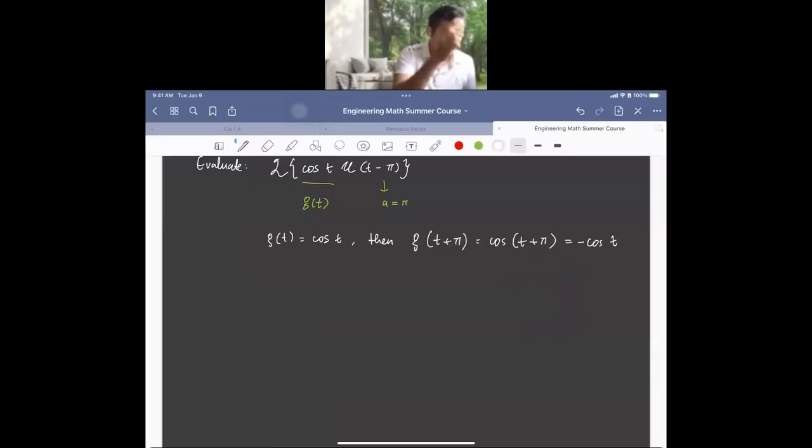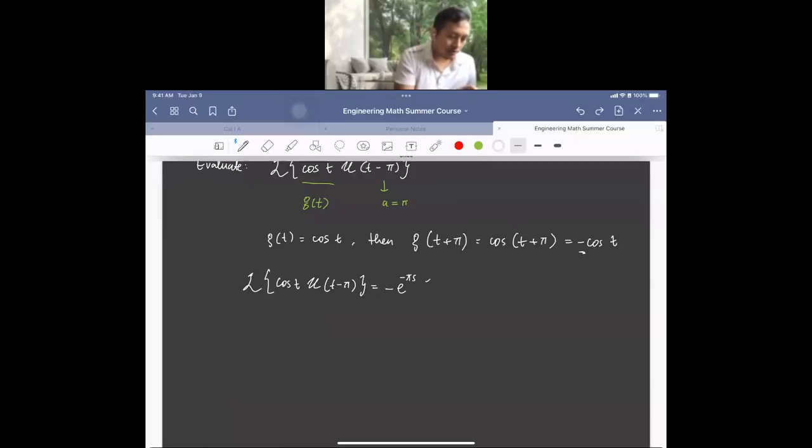Okay, and then Laplace, this will give, because it has a negative, we write negative at the front. e to the power of negative pi s, okay.